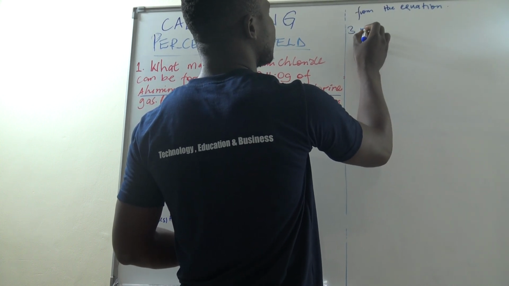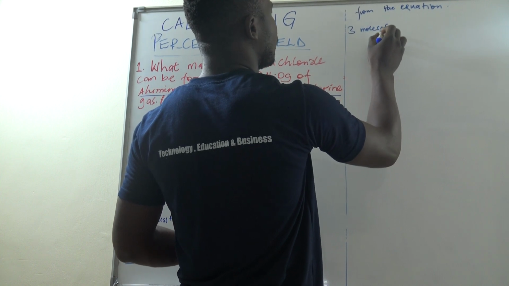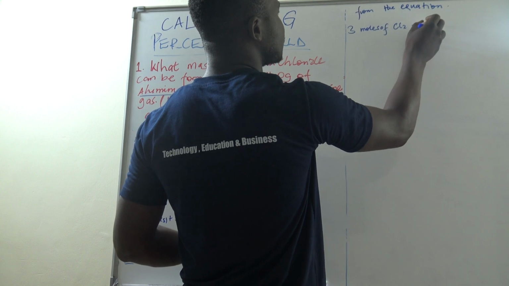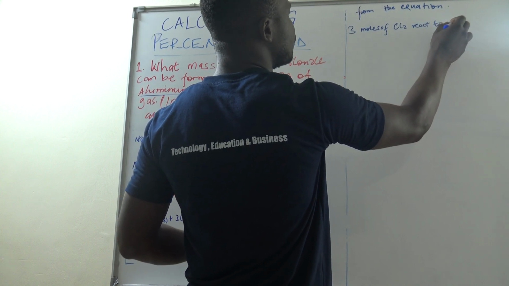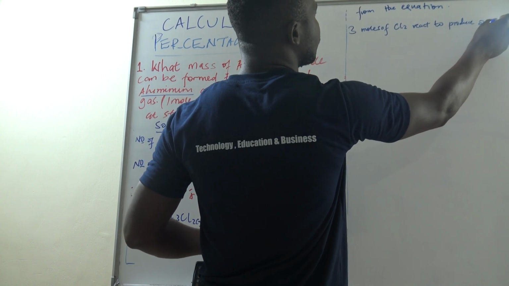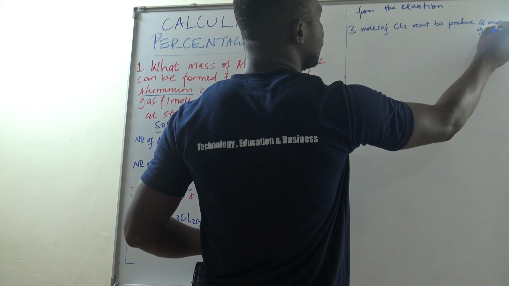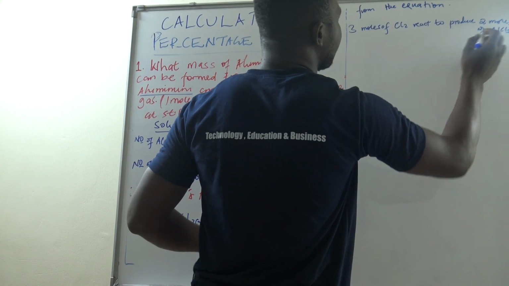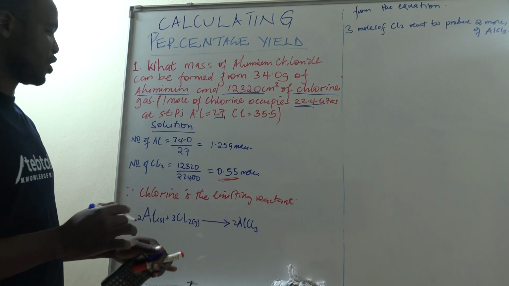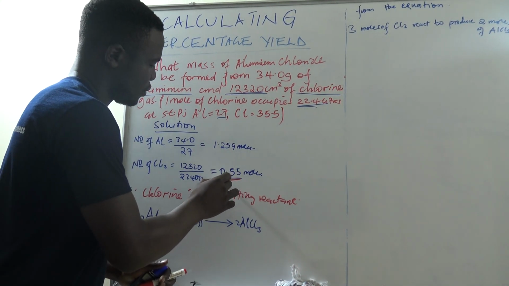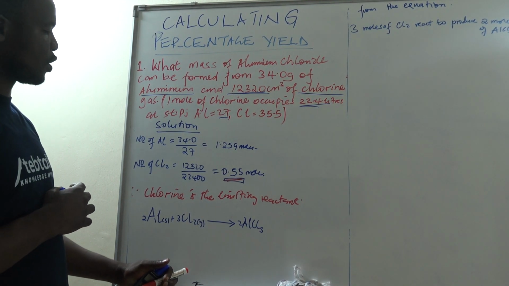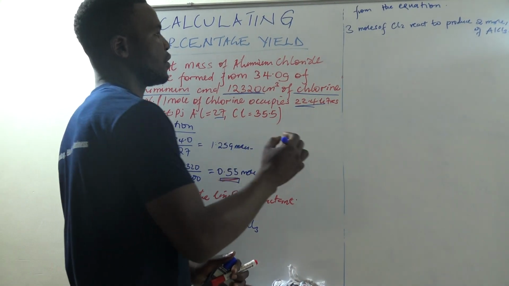3 moles of chlorine react to produce 2 moles of aluminium chloride. But how many moles of chlorine reacted? We had 0.55.